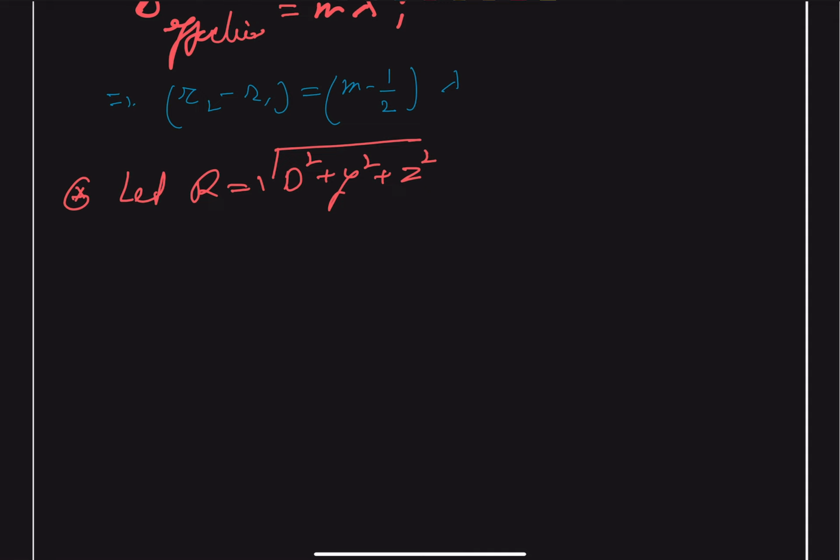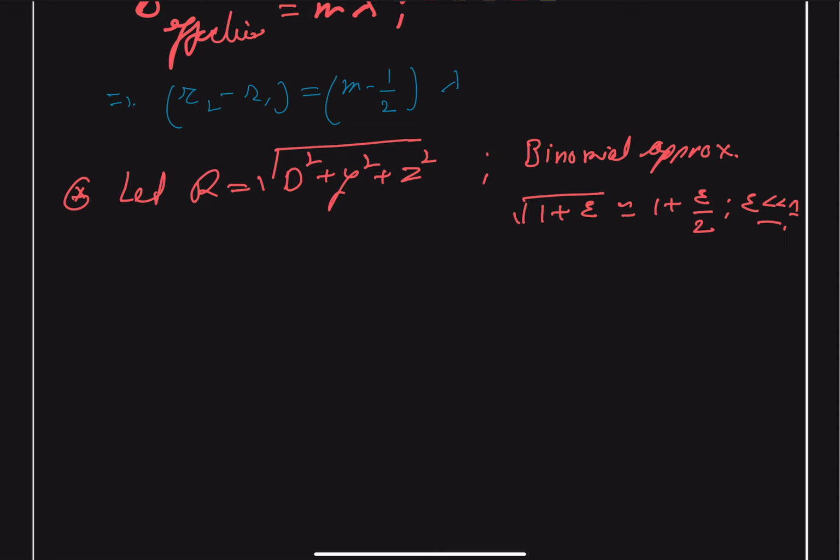And we can use the binomial approximation, which tells us that (1 plus epsilon) to the power 1/2 is approximately equal to 1 plus epsilon divided by 2, under the condition that epsilon is very much less than 1.